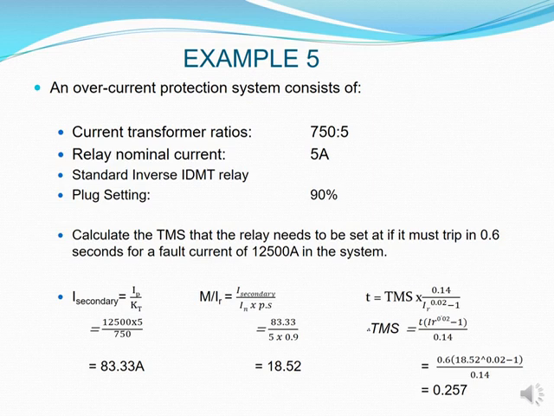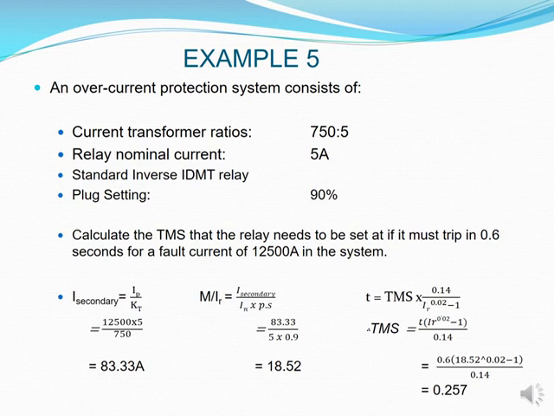The 5 in my I secondary on top and the 5 in my formula for IR are cancelled out, and I get exactly the same answer. So please try it again, guys. Your IR is equal to your I fault divided by your primary current on your CT multiplied by your plug setting, and see if you're getting this 18.52.